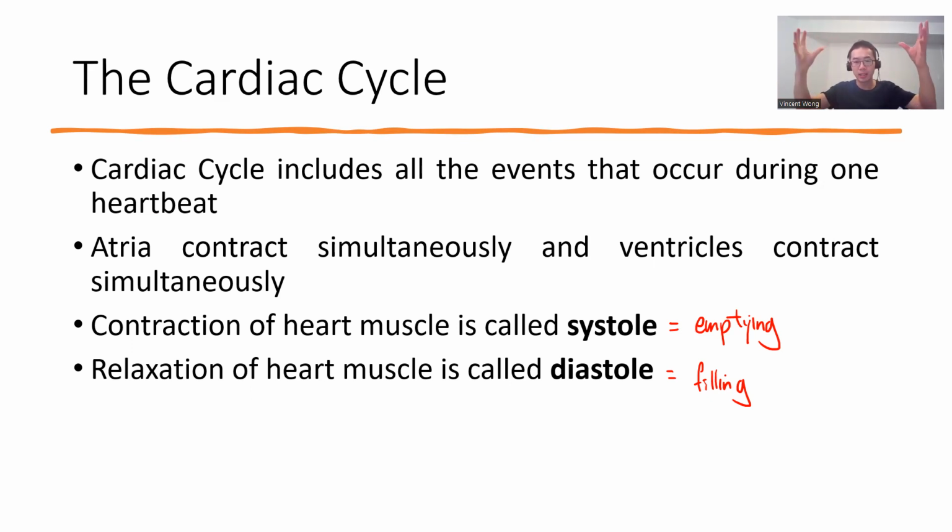When the atria are undergoing contraction, they're emptying the blood, and the blood is going down to the ventricles. So the ventricles must be in a relaxed state so that they are filling up. Stay with me. Once the ventricles are filled up, then it's time for the ventricles to squeeze.